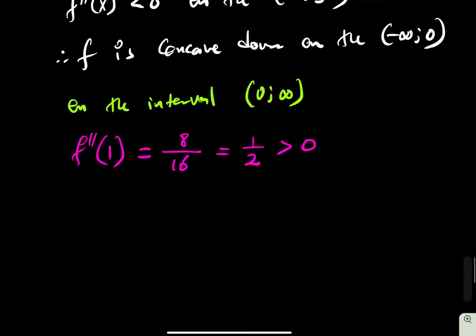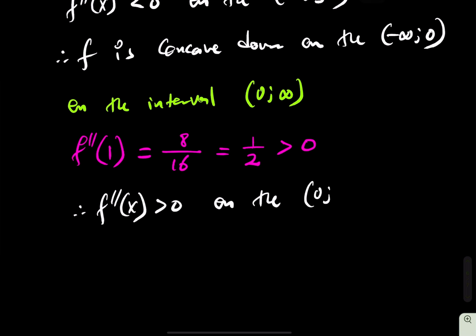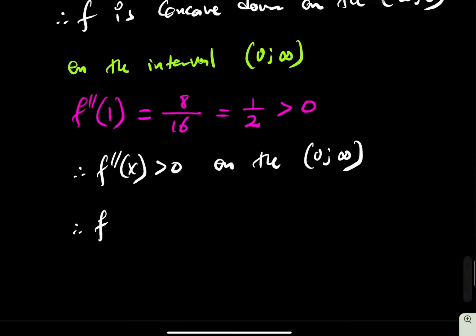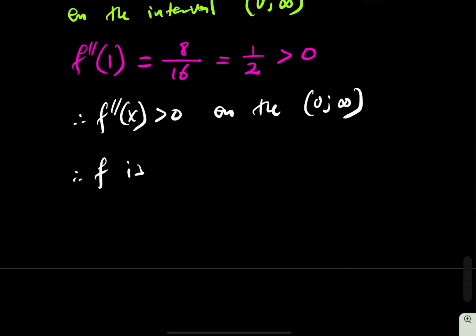So you're going to say now that therefore f double prime is positive on the interval from 0 to positive infinity. So this implies that f is concave up on the interval 0 to positive infinity.